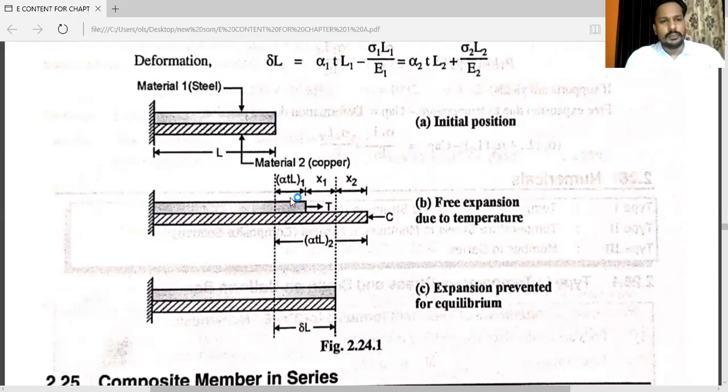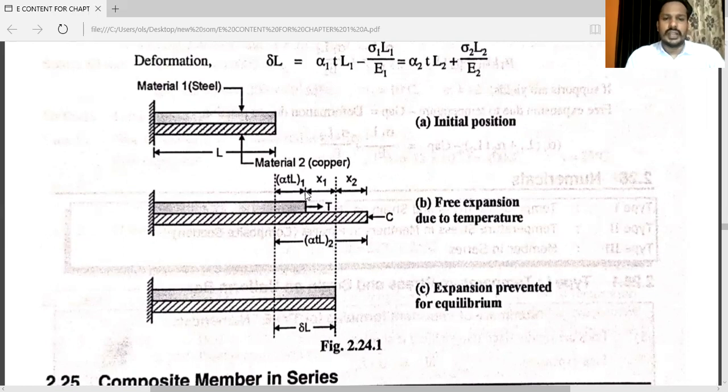In this diagram, this one is steel, this one is copper. Here the nature is away from the body. Here the nature is towards the body. T is given. You can see this dotted vertical line here, then you will get one more vertical line. For steel, that is alpha into T into L1. Here you can see alpha into T into L for copper.